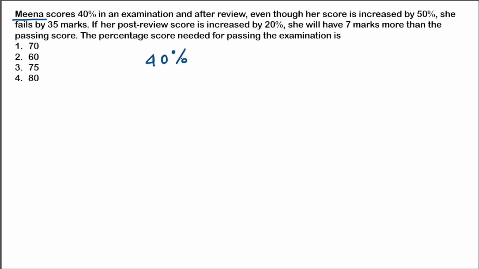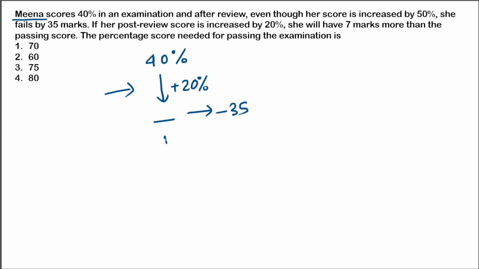After that, she has her paper reviewed. After her paper is reviewed, her score is increased by some percentage, and she still fails by 35 marks. It is still 35 short.